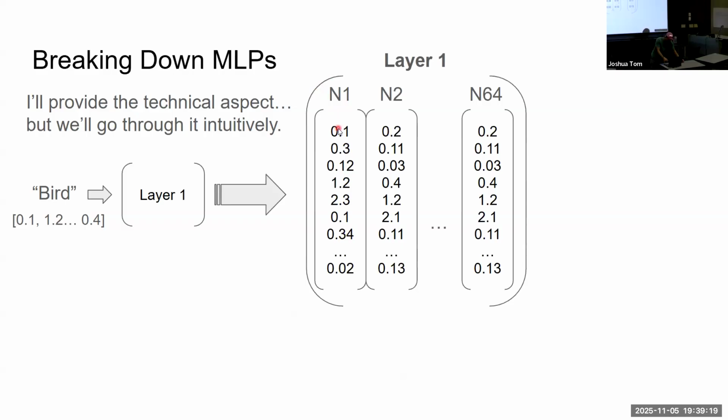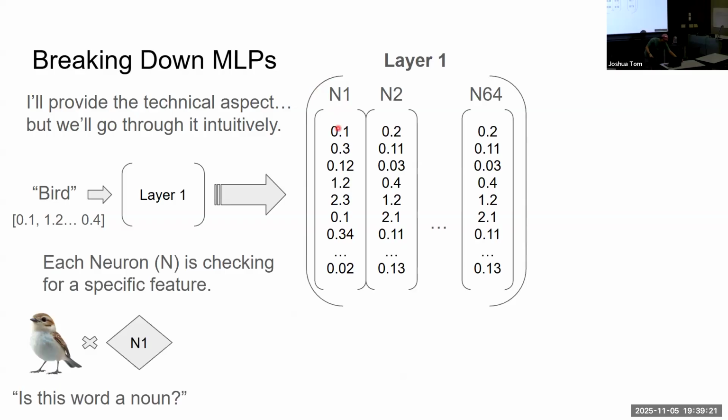This is similar to the three-value thing. This isn't exactly what's happening, this isn't exactly what's being searched for, but it's a good way to think about layer one: each neuron is checking for a feature. So we have feature neuron detector 1. Is that word a noun?